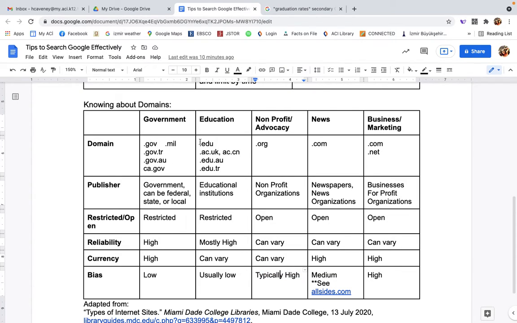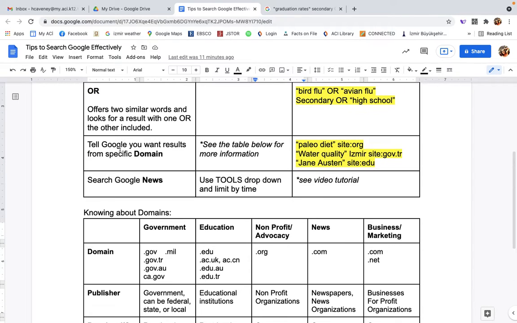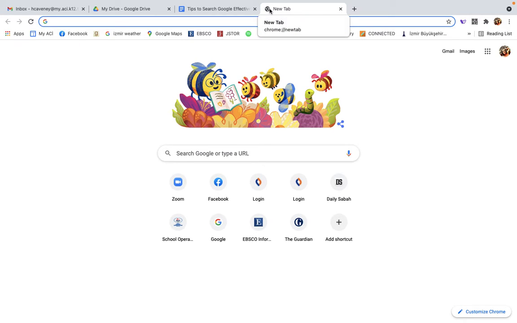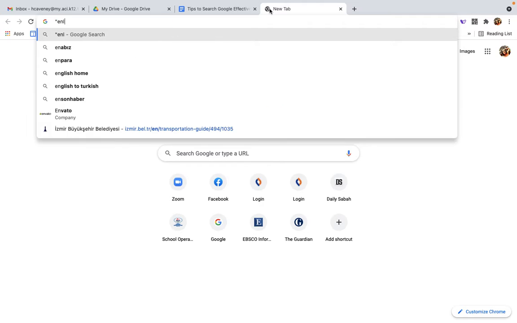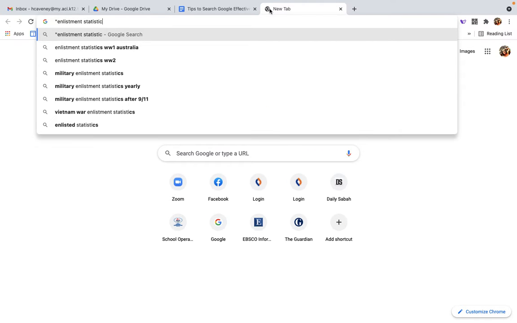So I want to show you some examples of this because you can tell Google exactly what domain you want your results from. Here are 3 examples, but we're going to do some live examples together. Let's say I want to know about enlistment statistics for the military.